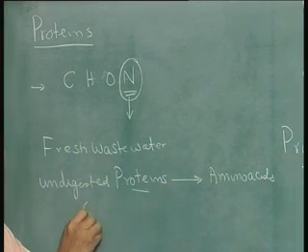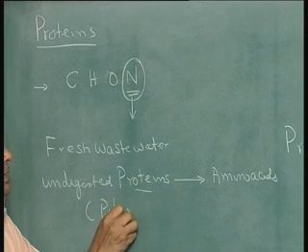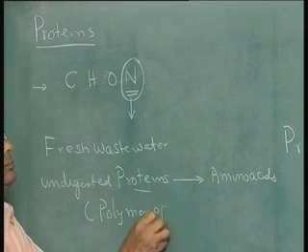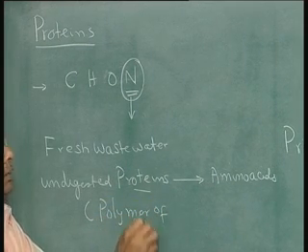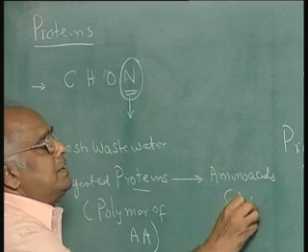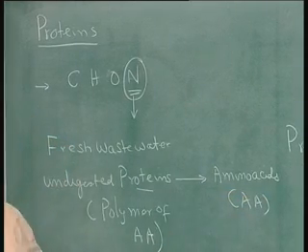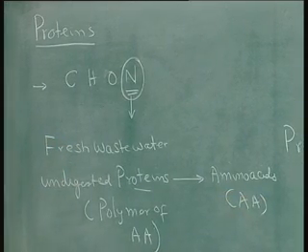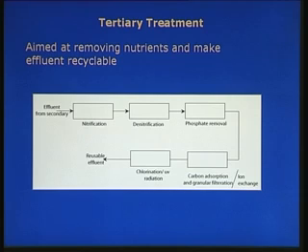Protein is a polymer of amino acids, and it is converted into amino acids by microbial action, and this amino acid is further degraded by the deamination reaction.